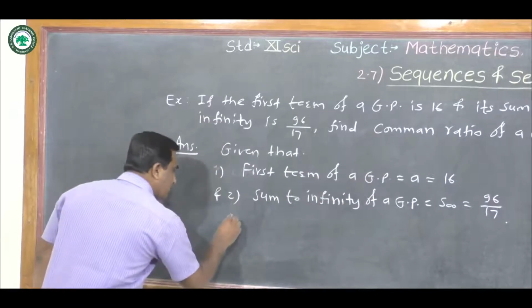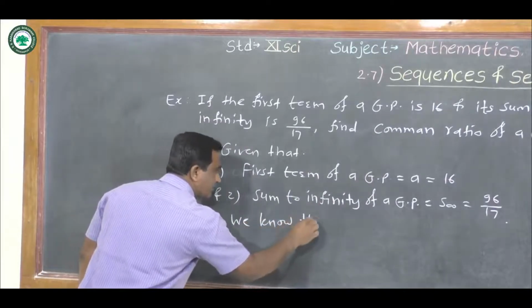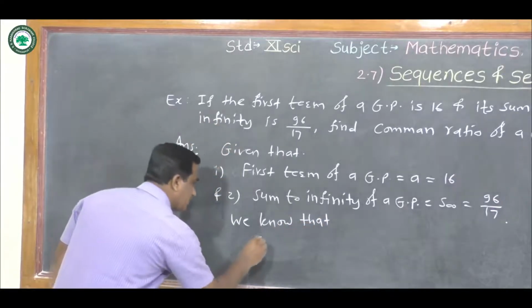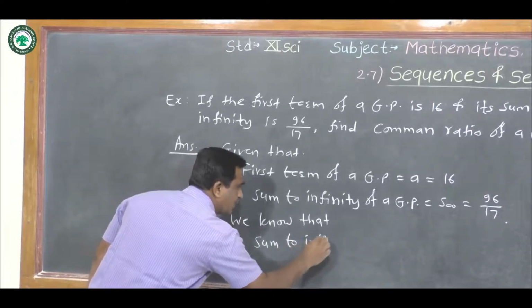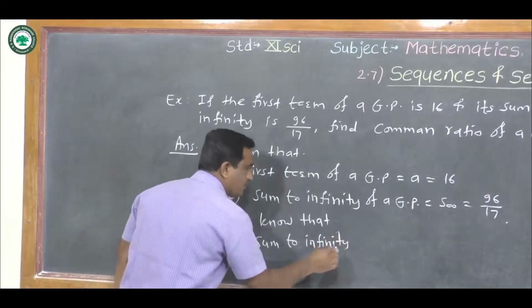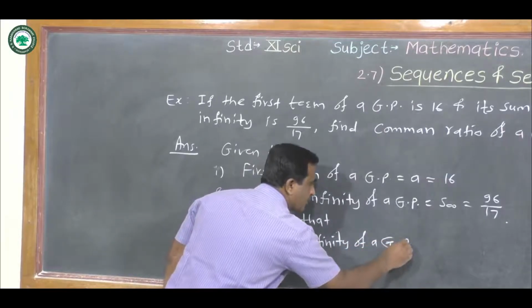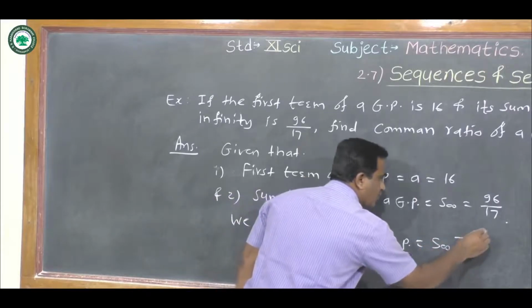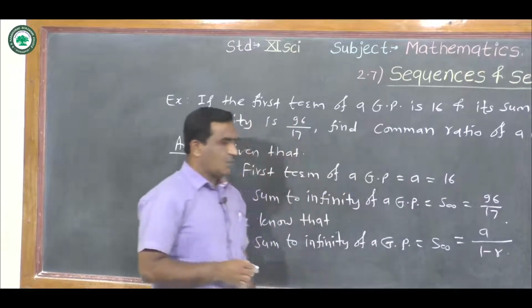Therefore we know that the formula for the sum to infinity of a geometric progression is S infinity equal to A upon 1 minus R. Now put the given values here.